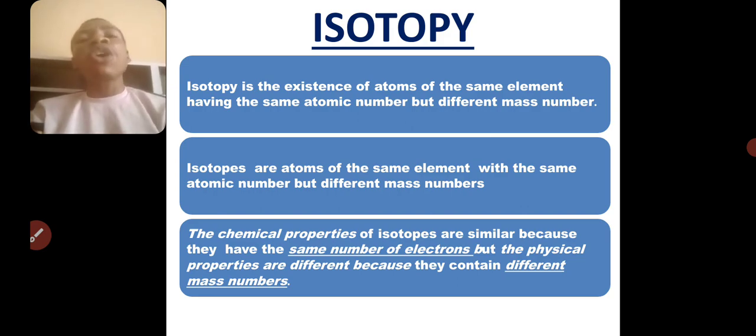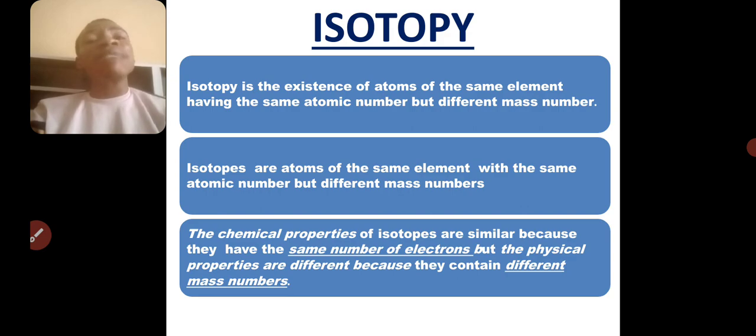These atoms are known as isotopes. So learn to distinguish between isotopy and isotopes. Isotopes are atoms of the same element, whereas isotopy is the existence of atoms of the same element.